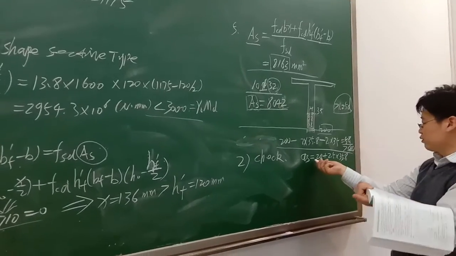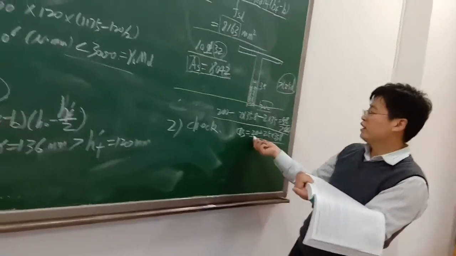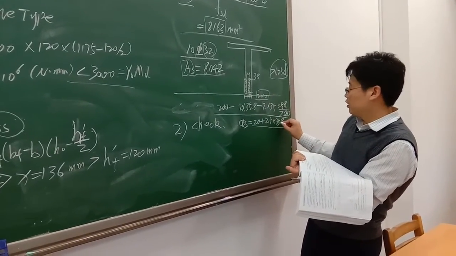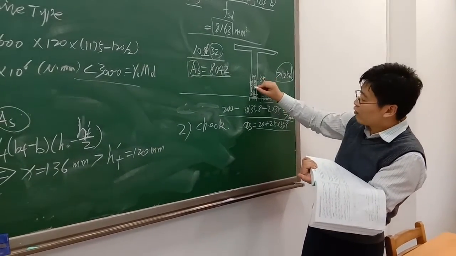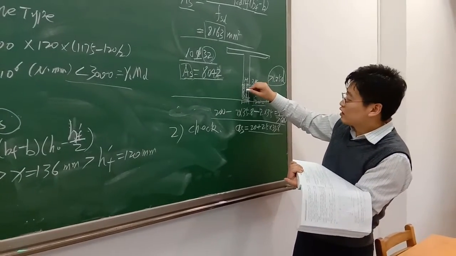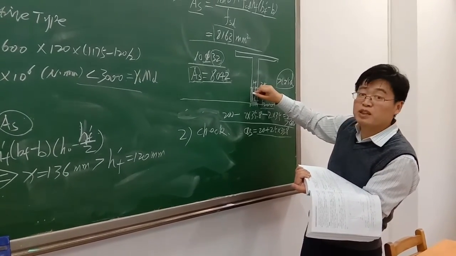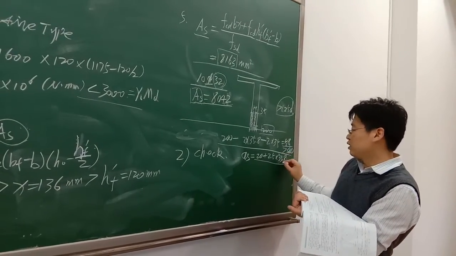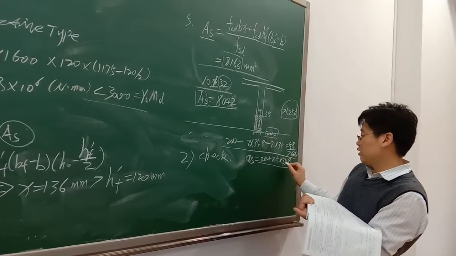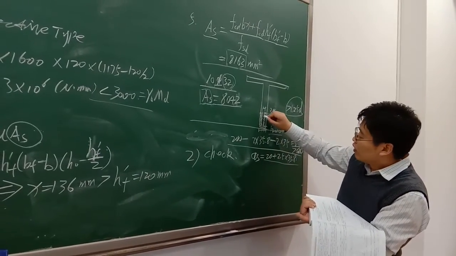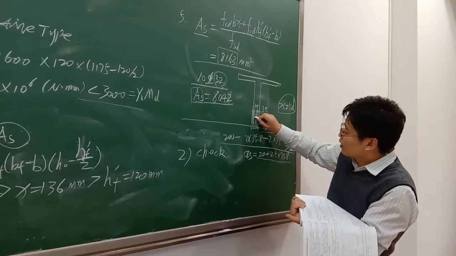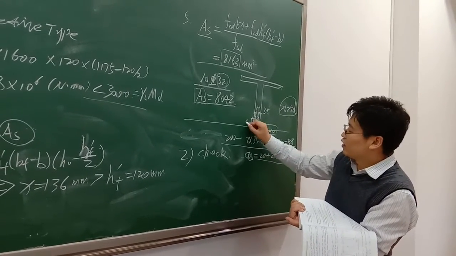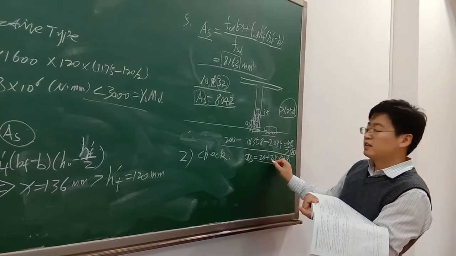In this formula, 20 is the cover thickness, and 35.8 is the outer diameter of this reinforcement, because we got the two layers. The center of this layer is, of course, in the middle, 2.5. So AS should be this dimension: 20 plus this.